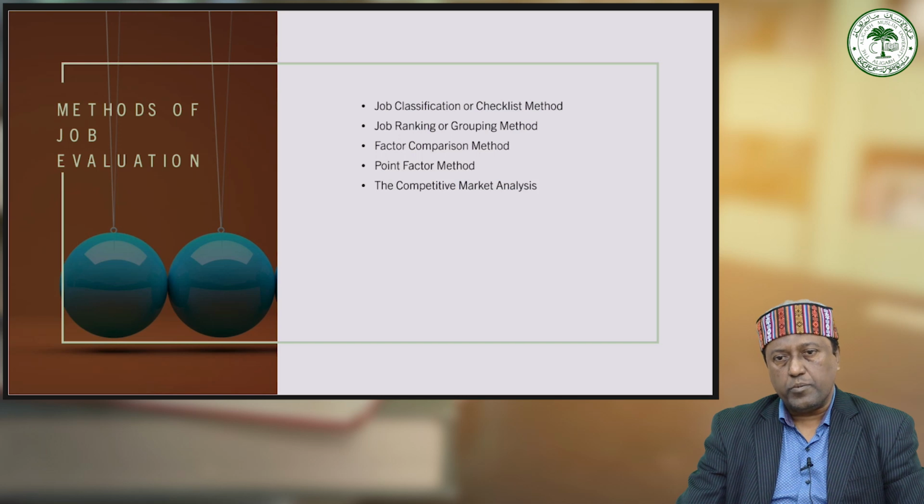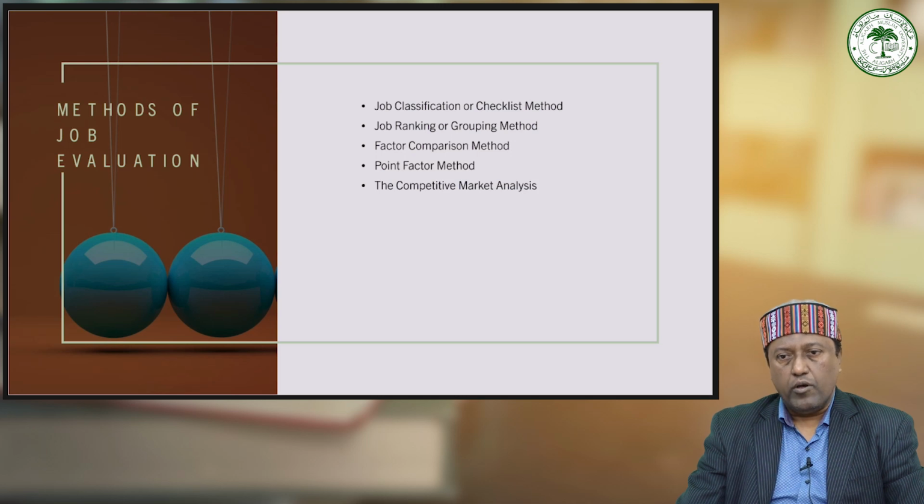The selected key jobs are compared and their remuneration rates are determined based on the assigned weights for each factor. This involves assessing how each job ranks in terms of the identified factors. Again, the next step is a scale for key jobs. The remuneration rates for the key jobs, along with their assigned factor weights, serve as a scale or reference points.